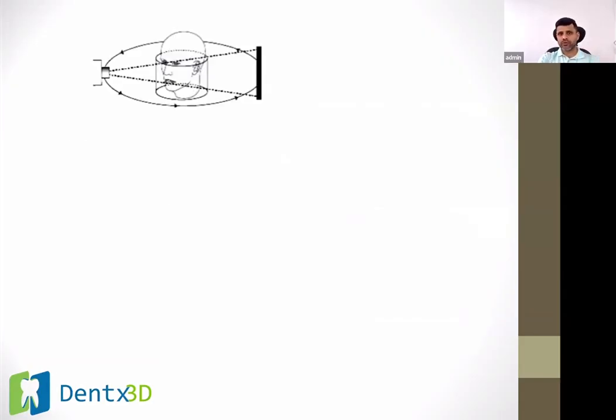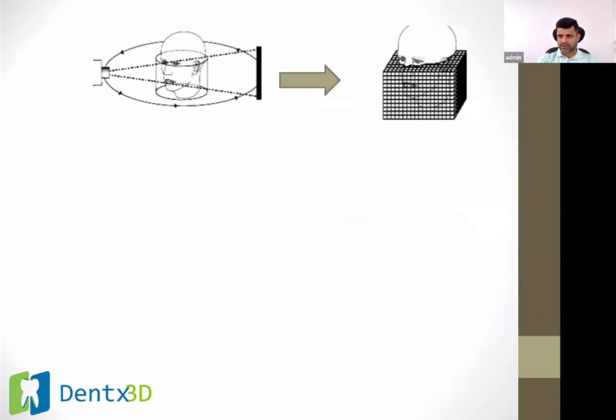So in short, what happens is the X-ray source and the sensor or the detector will revolve around the patient. It will take hundreds of images which are then joined and what you get is a 3-dimensional structure. So this process is called primary reconstruction.